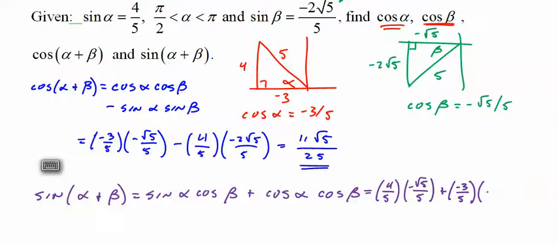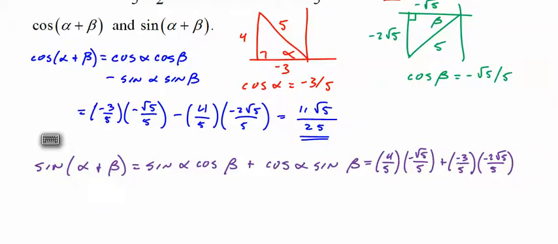Sine cosine, cosine sine, naughty me, negative 2√5/5. Negatives cancel. 6, 4. Looks like 2√5/25. Cool. Got another one right.